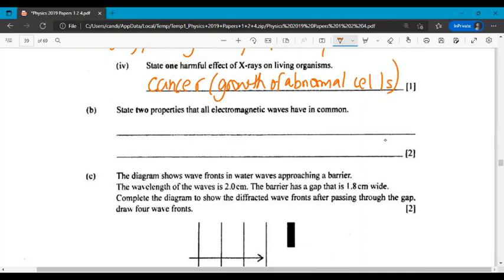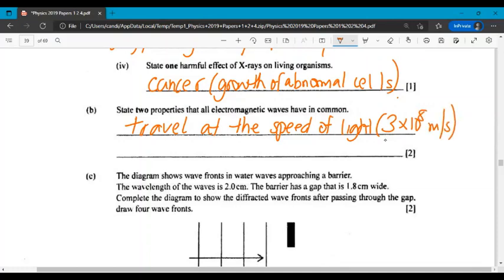Then we're asked to state 2 properties that all electromagnetic waves have in common. There's a whole list of these, about 9, but I'll list 2. They all travel at the speed of light. And just to be safe, we're going to actually put what that value is. That's 3 times 10 to the 8 meters per second.